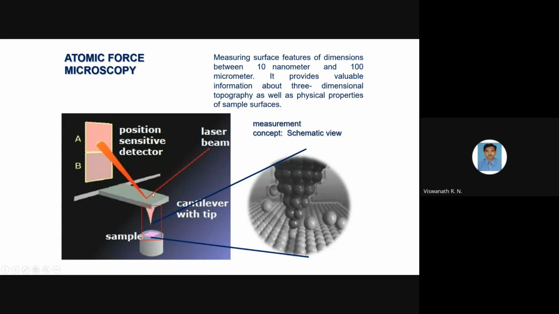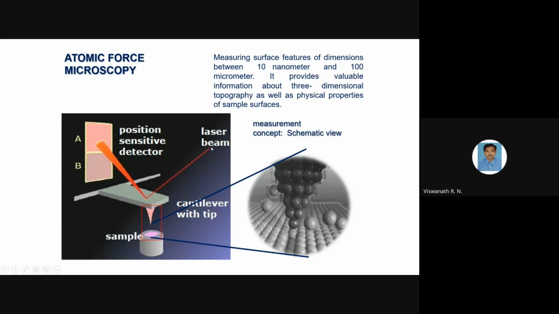Then there is a light arrangement, a laser beam falling on the other side of the surface, which is highly reflective. Suppose the tip moves down, then the light reflection is different.